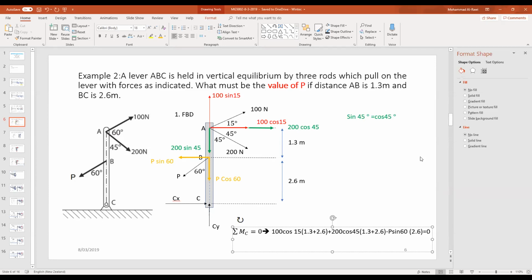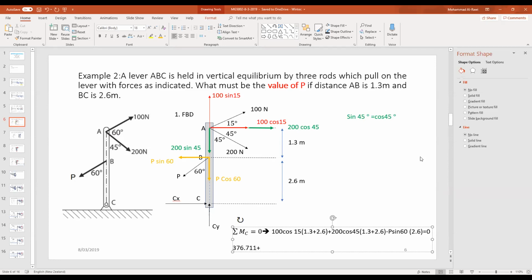That will give me 376.711, plus, and then the other one is cosine 45 times 200 times 1.3 plus 2.6.